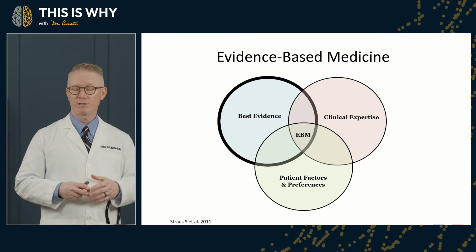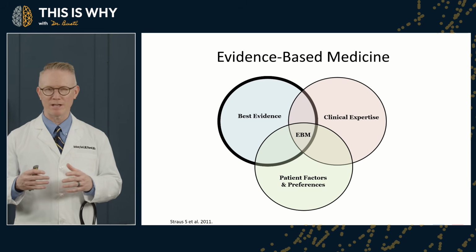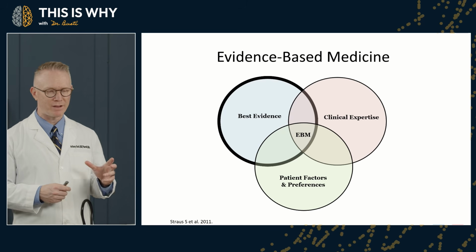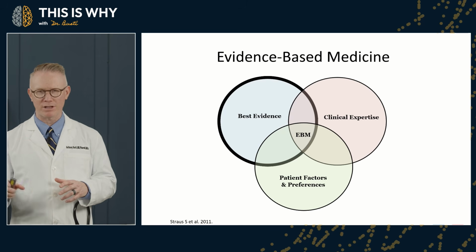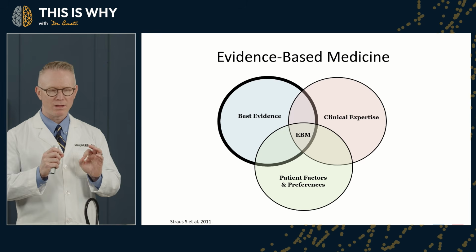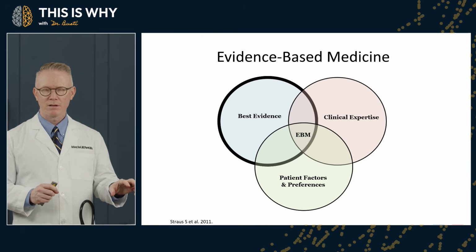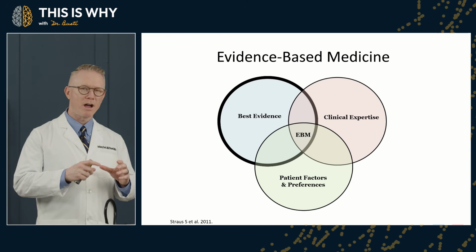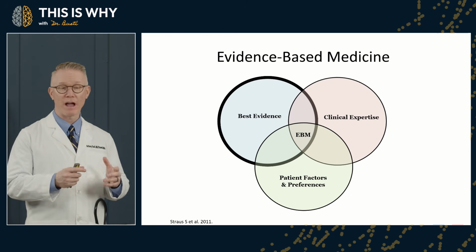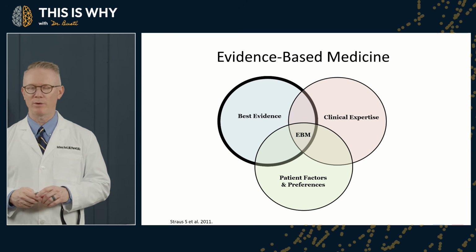All right, as a reminder, evidence-based medicine is the compilation. Again, the Venn diagram demonstrates this imagery the most when the best available evidence combined with our clinical expertise and patient-specific factors all come together. That is EBM. Again, we have been focusing our time in this series on how to find and assess and apply the best available evidence.